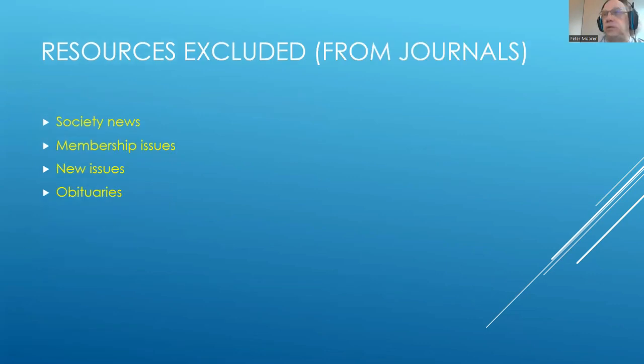What I exclude from the journals of societies is society news, the meetings, the gatherings, financial disclosures, whatever, membership matters, maybe information on new members, the list of members, when payments are due. And I usually do not include the new issues, but it depends.